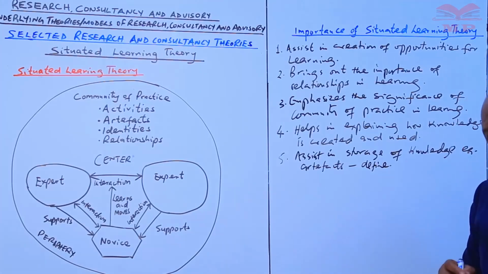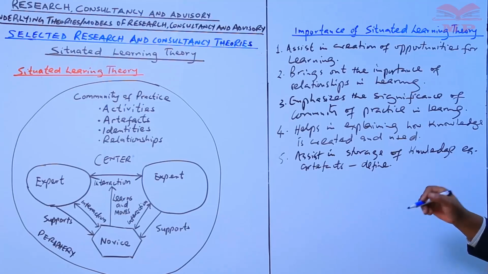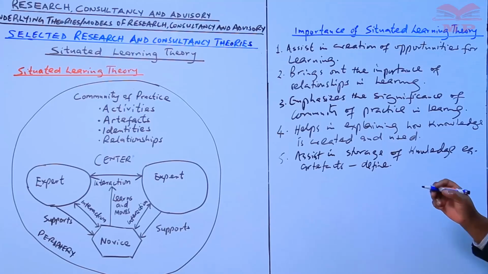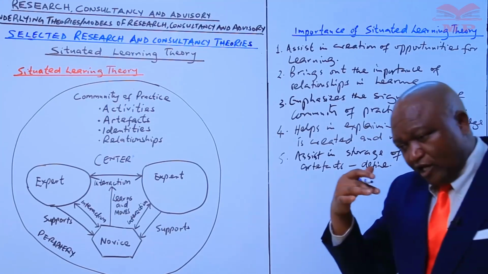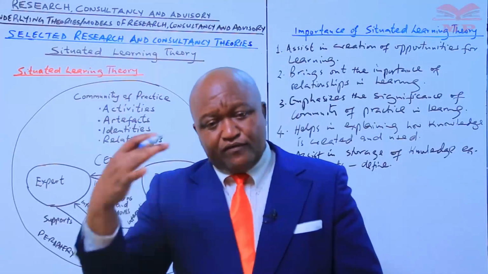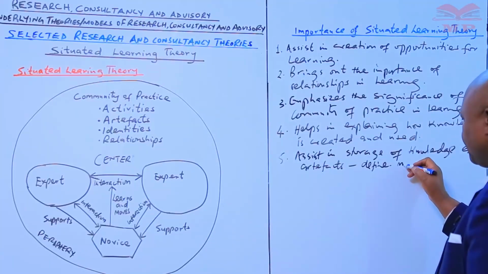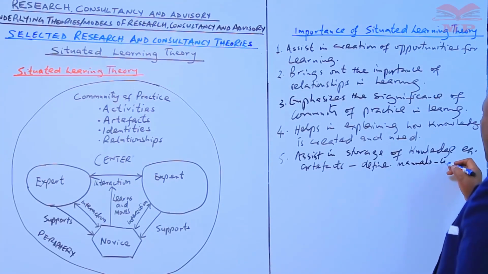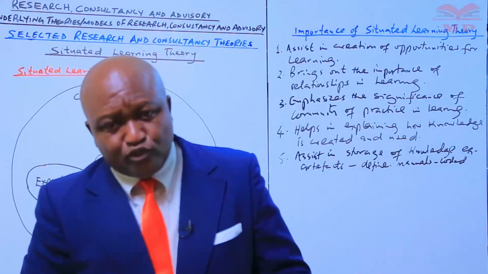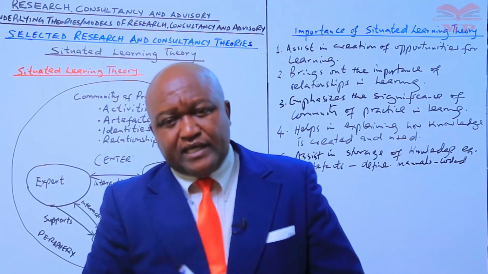If you have proper settings within a community of practice, this could be lawyers, and you may have a system of coding the laws and the instruments that are used in the legal practice. If you have certified secretaries within an organization, you may have manuals which are coded, and they are put in soft or hard copy for purposes of usage within that particular organization, as the case might be.